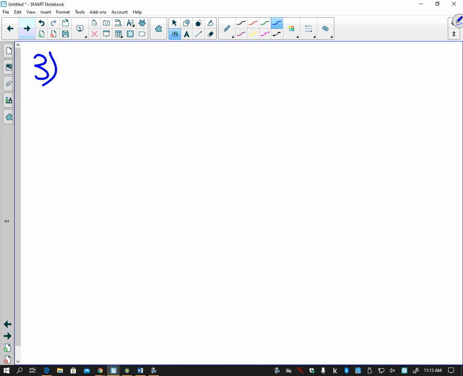All right, number 3. Now I'm going to read this rather than write up the whole thing. It says there are 128 blue cars and red cars in a parking lot.